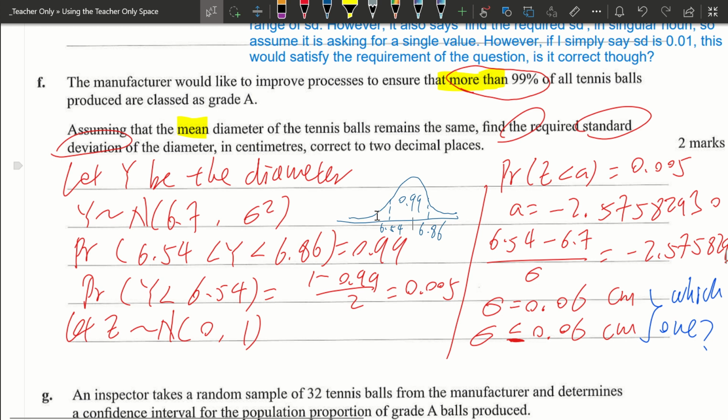But that means to the left of 6.54, the area is 0.005, because everything outside 0.99 is 0.01, and so I have to divide that by 2. The graph is symmetrical. So this left area and the right area are symmetrical because 0.99 is in the middle. So I have 0.005 on either end.